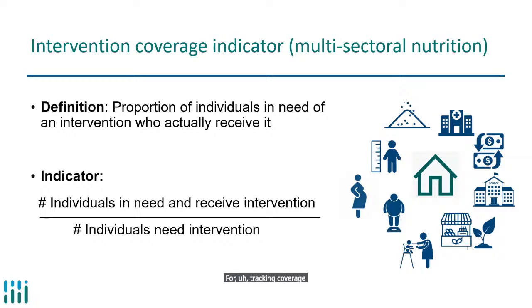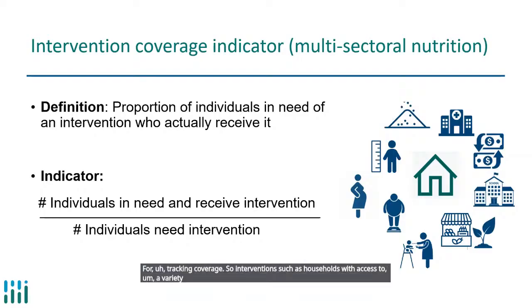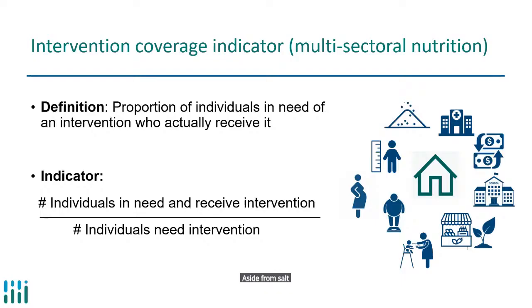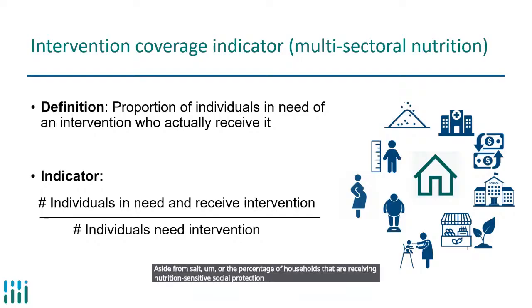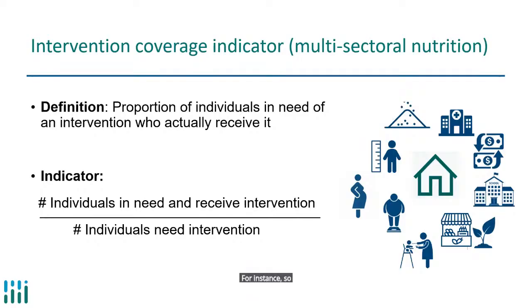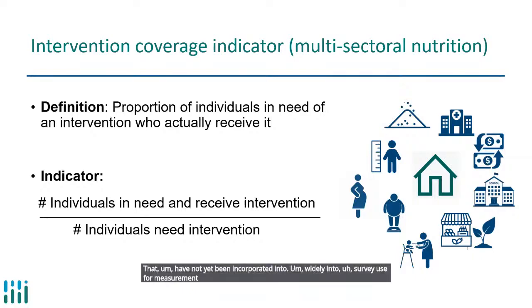Examples are households with access to different types of fortified foods aside from salt, or the percentage of households receiving nutrition-sensitive social protection programs. So we can think of a variety of multi-sectoral nutrition interventions that have not yet been incorporated widely into survey use for measurement of coverage. Next slide.